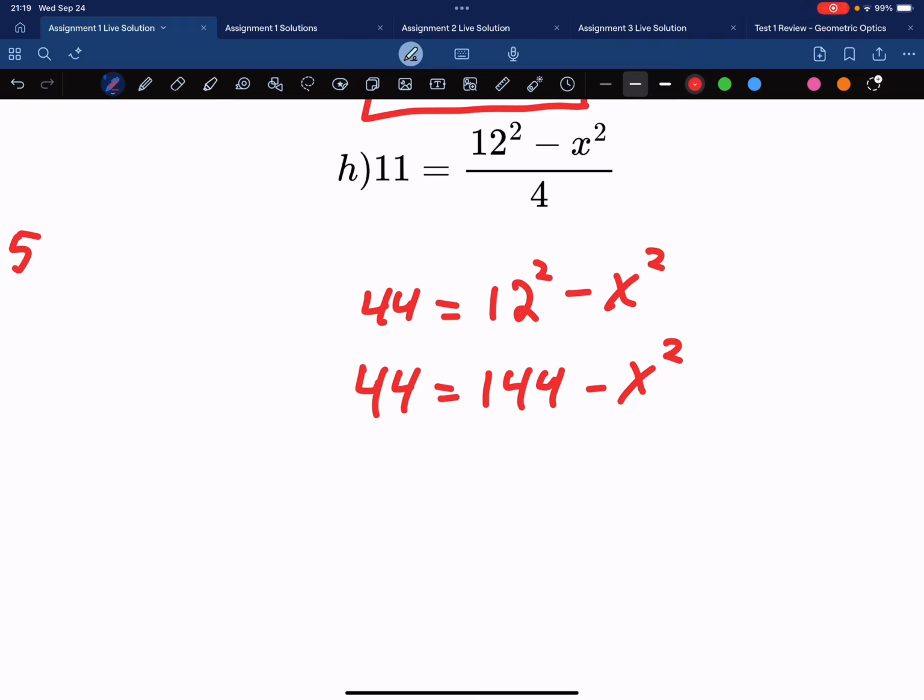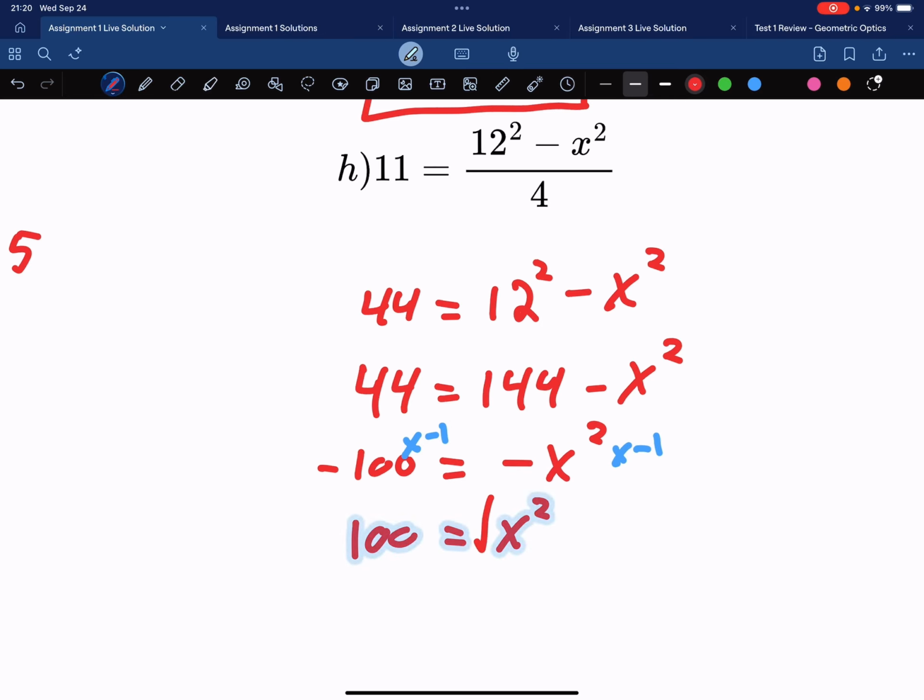I'm going to subtract 144 from both sides. So this is negative 100, negative x squared. Now, if I multiply both sides by negative 1, I will get 100 equals x squared.